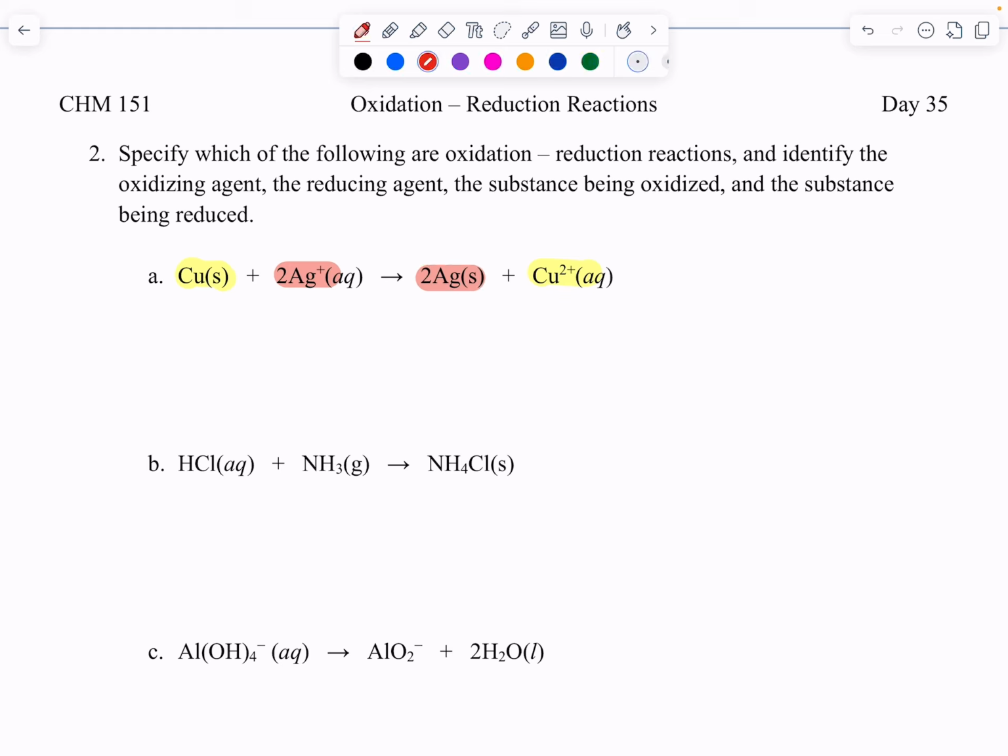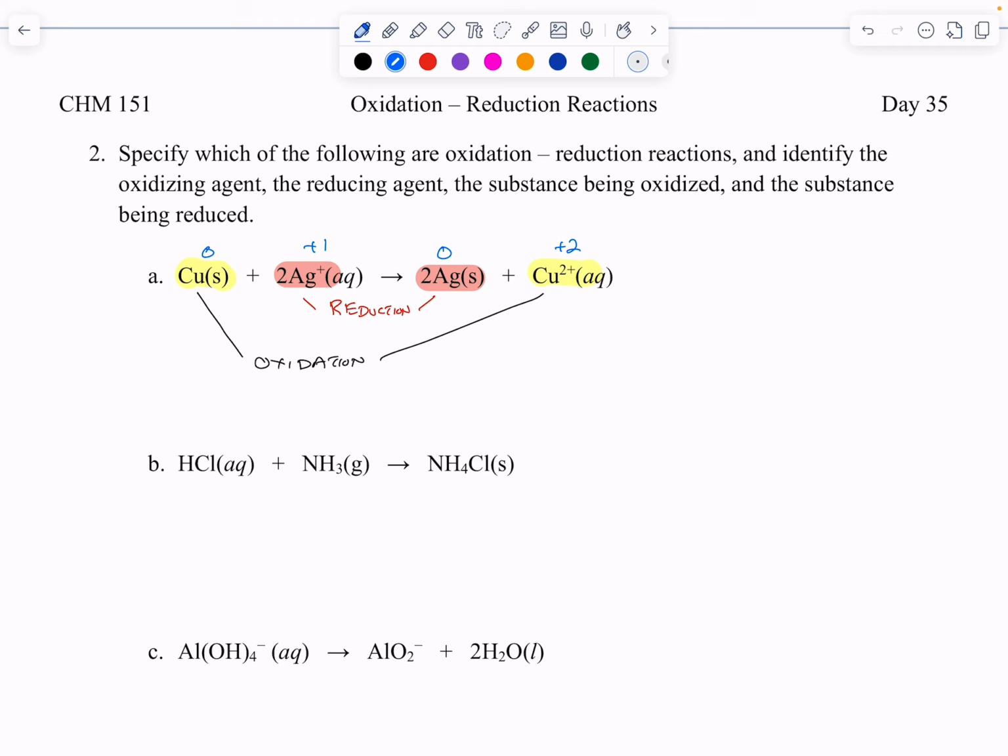And so it looks like I have a reduction here, and that probably means this is an oxidation. All right, so how did I know that so fast? Well, 0 to plus 1, 0 to plus 2. So their oxidation states change. Now they're either element by themselves or monatomic ions. So that's an easy one to start.